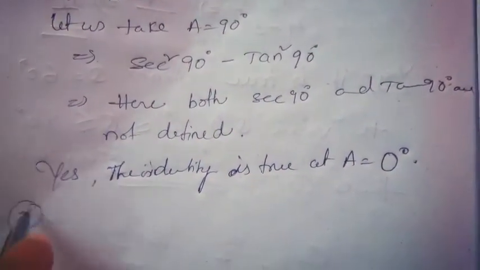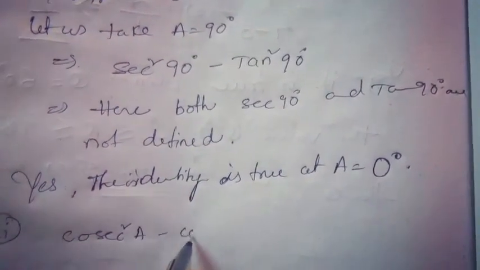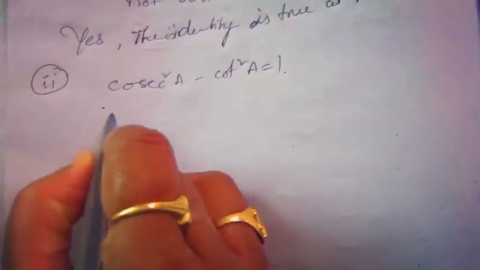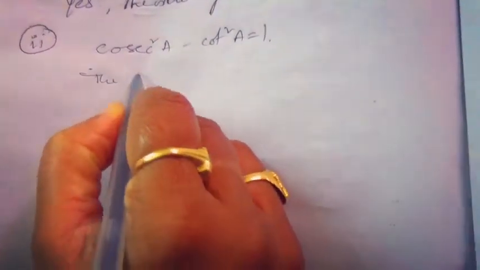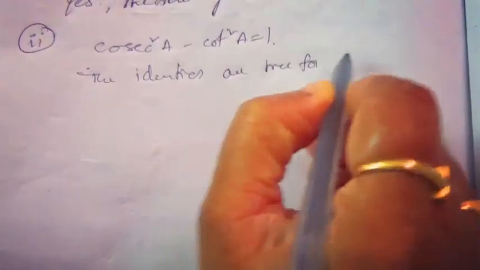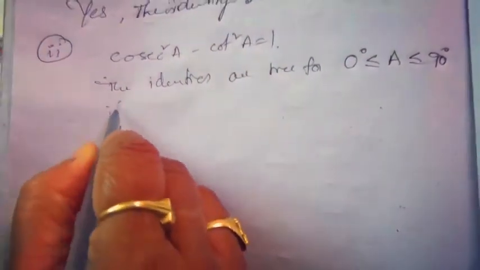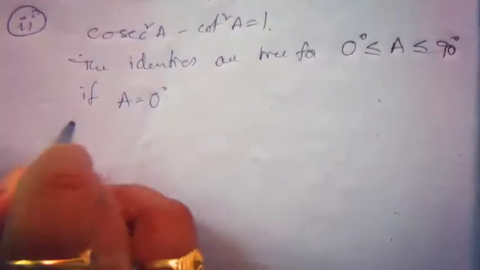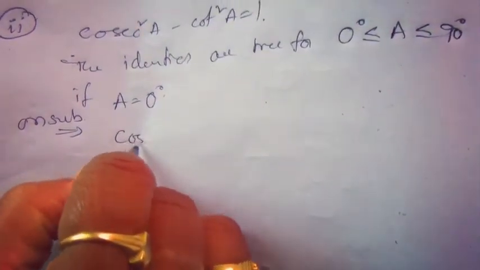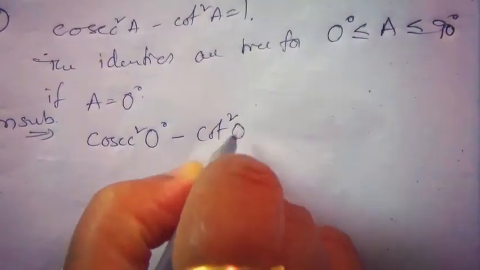Just like that, the second one. What was given is cosecant square a minus cot square a is equal to 1. We have to prove that, given that the identities are true for 0 degrees is less than or equal to a is less than or equal to 90 degrees. If a is equal to 0 degrees, on substitution, cosecant square 0 degrees minus cot square 0 degrees.